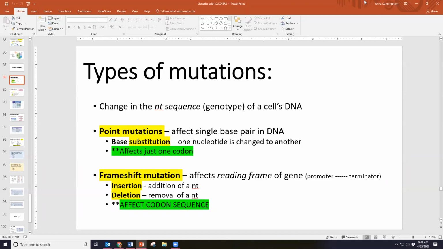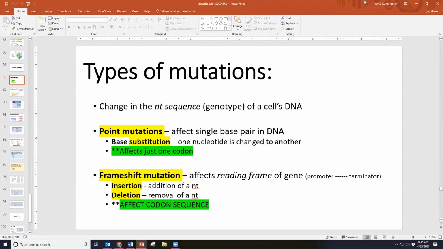And then a frameshift mutation is when instead of a nucleotide being substituted one for another, either a nucleotide is inserted into the DNA or a nucleotide is removed. When you have a sequence of 3, if you add one, that makes it 4, so every codon after that would be affected.